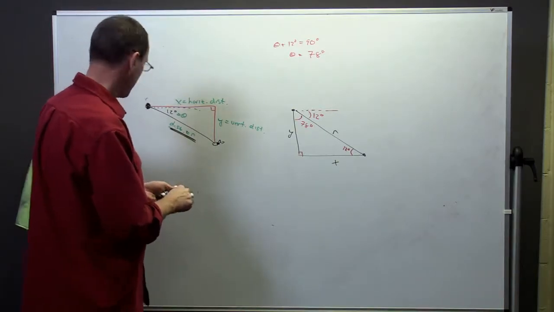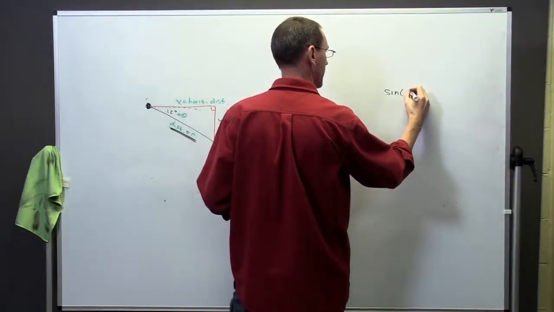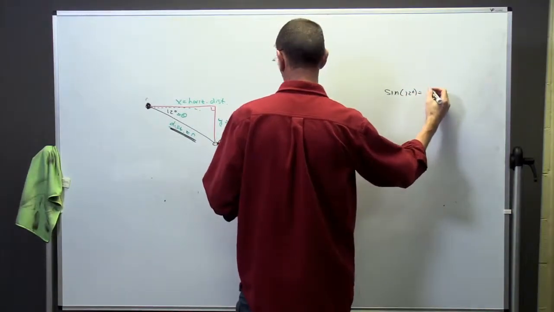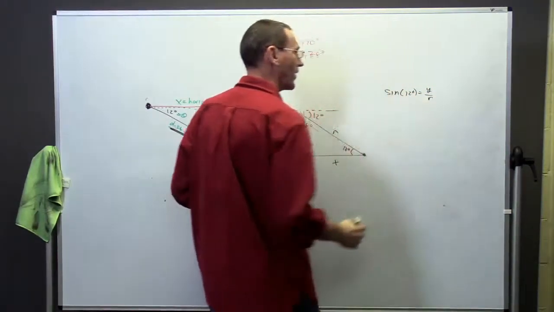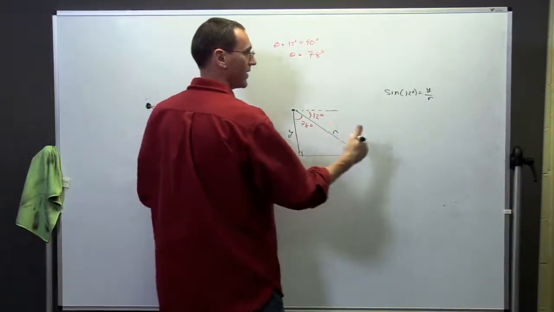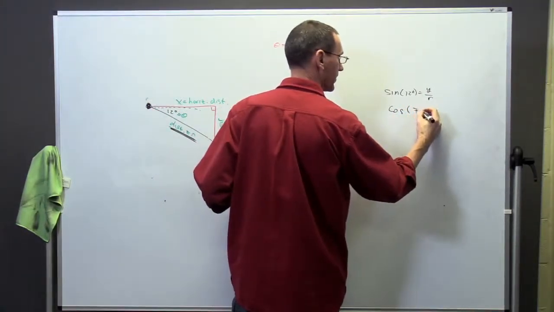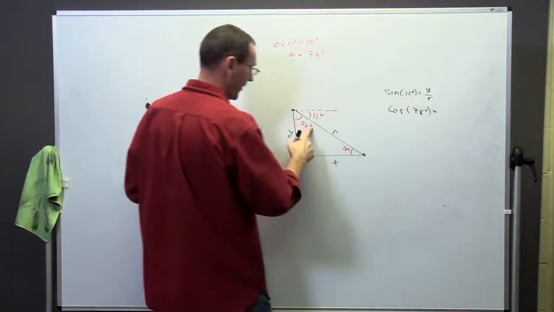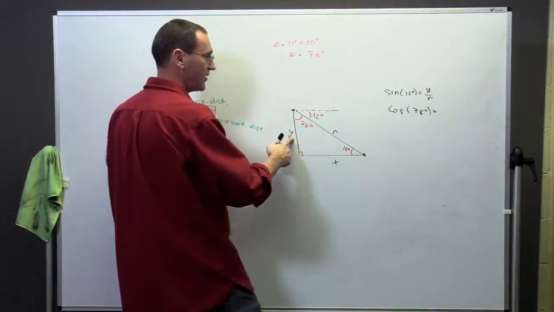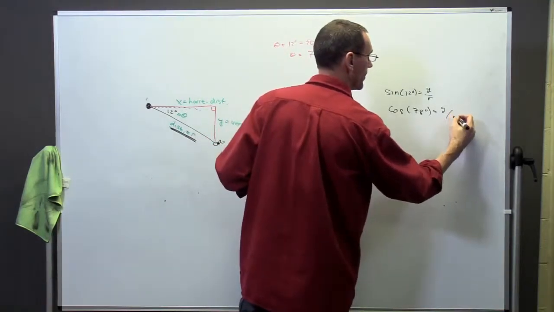And what was the relationship I used before? I had that sine of 12 degrees is y over r. Notice, if I'm still using that angle, or if I hadn't bothered to calculate that, if I do the cosine of that angle, the adjacent is going to be y, and the hypotenuse is r.